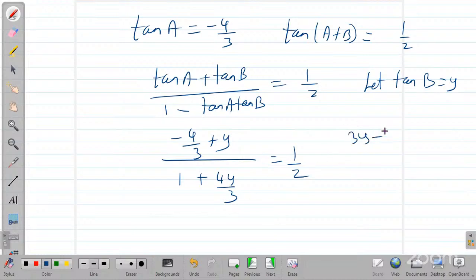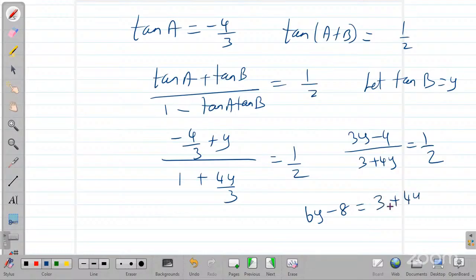So (3y minus 4) divided by (3 plus 4y) is equal to half. So 6y minus 8 is equal to 3 plus 4y. No, we have a different value, I think. Just a moment.